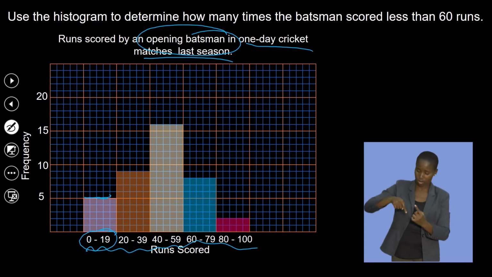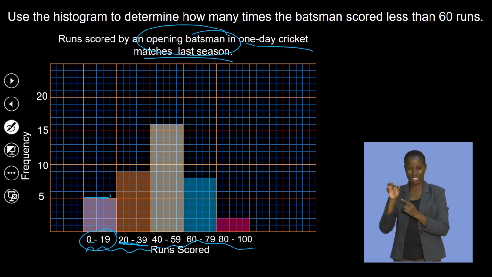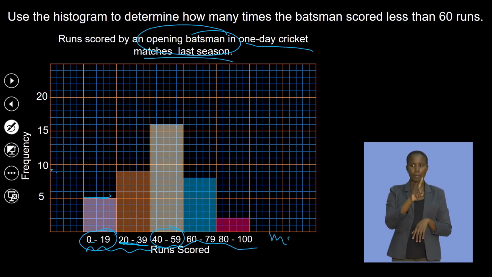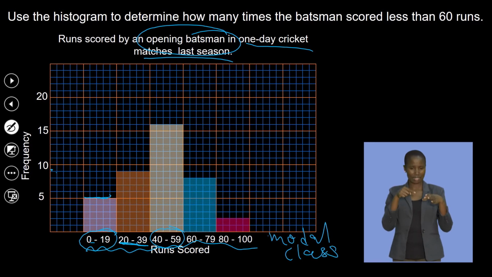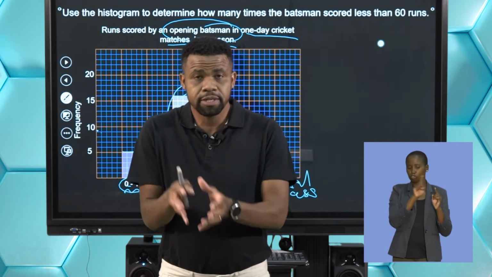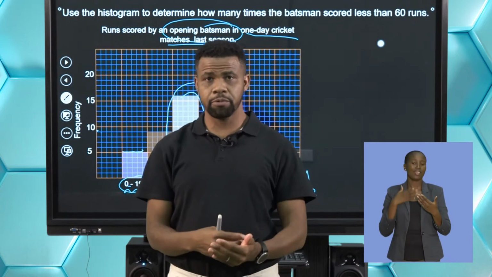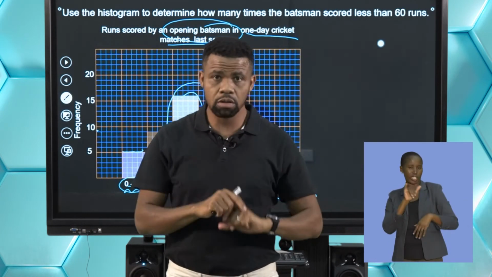Between 20 and 39 runs, it's about 9. The modal class is between 40 and 59. Why do we call this a modal class? Because we don't know the actual mode in grouped data, so we can only tell the highest frequency, which is the modal class.